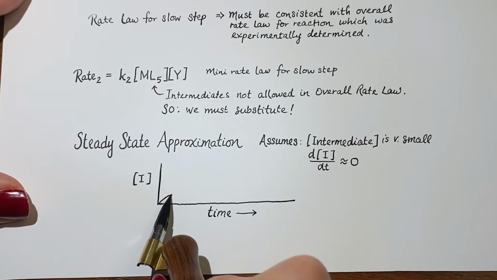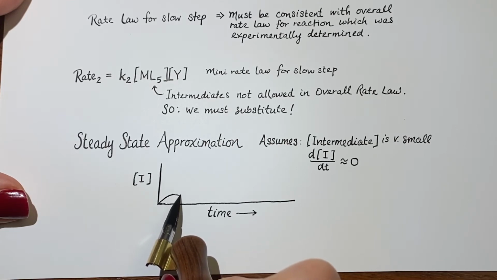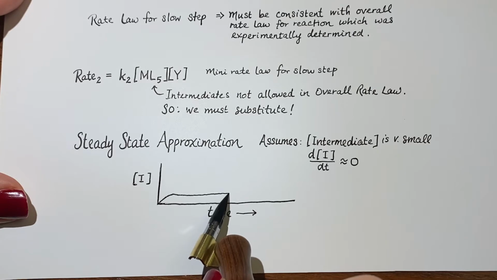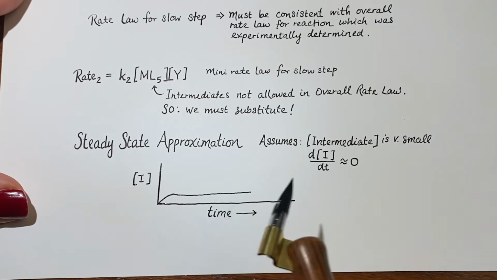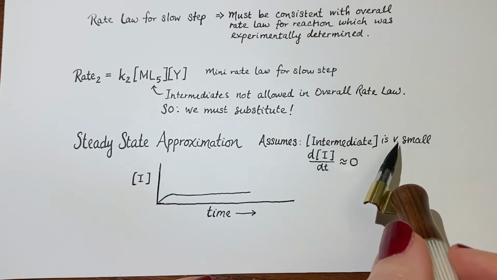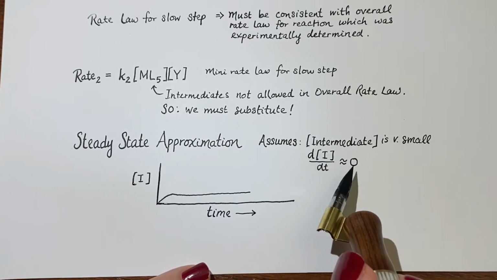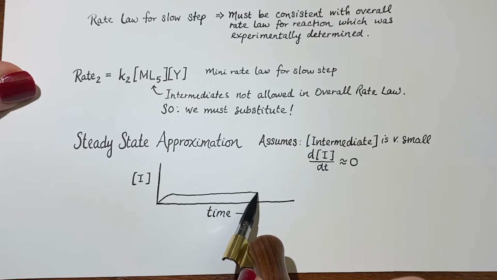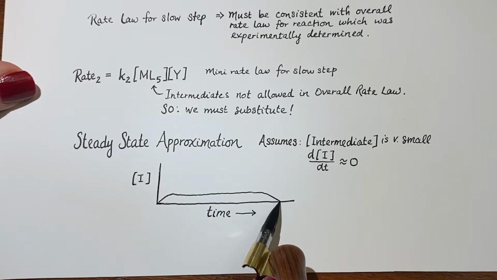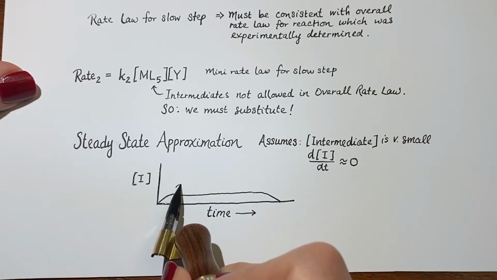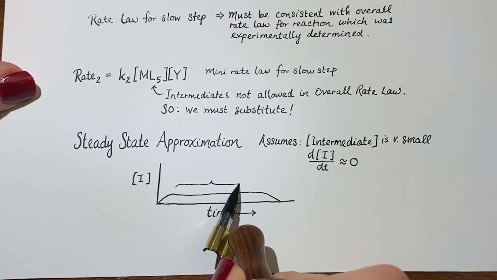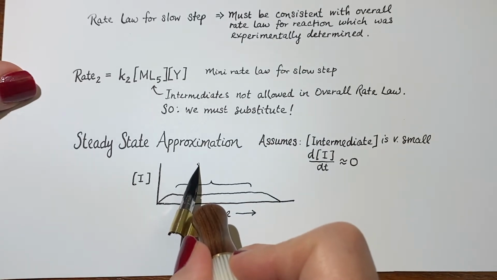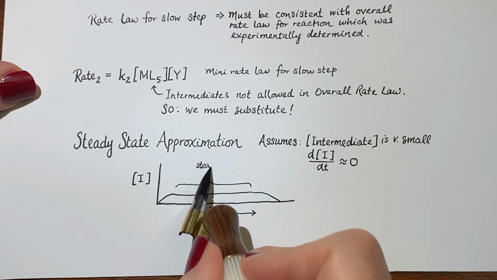It might even form some and then kind of start going back. But the main point is this stays low and flat. Okay, the concentration is low, it's very small, and the concentration is not changing much. And then eventually the reaction ends and this tapers off. Okay, so right in this time frame here, this is where we're making our assumption. This is where the concentration is in its steady state.